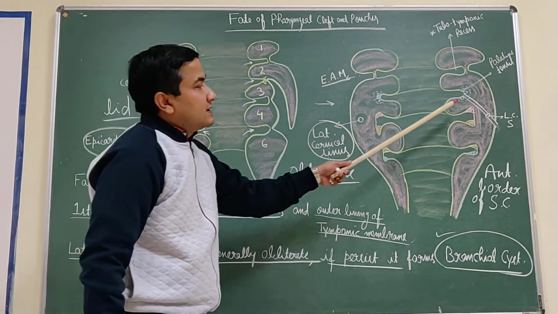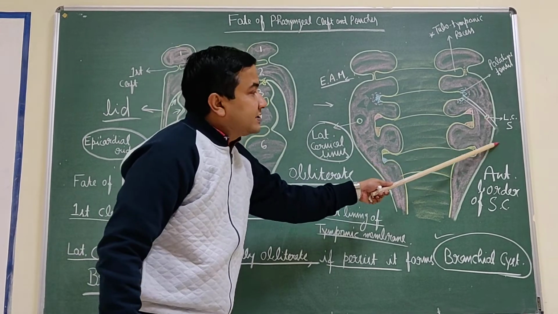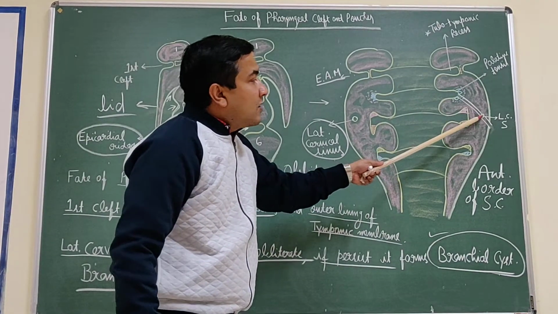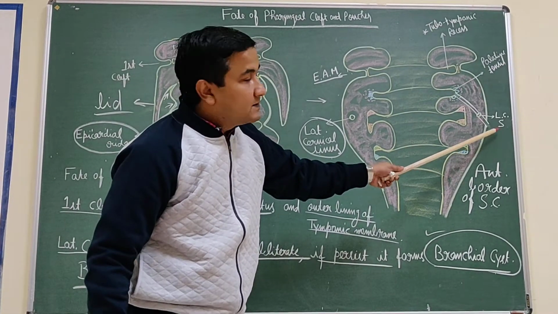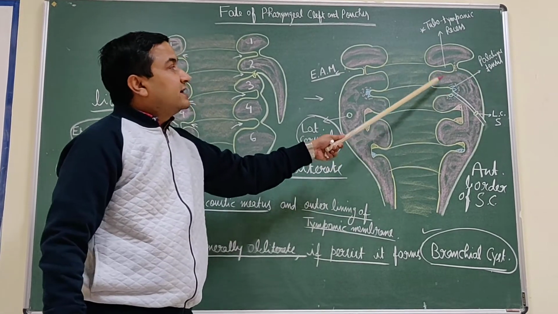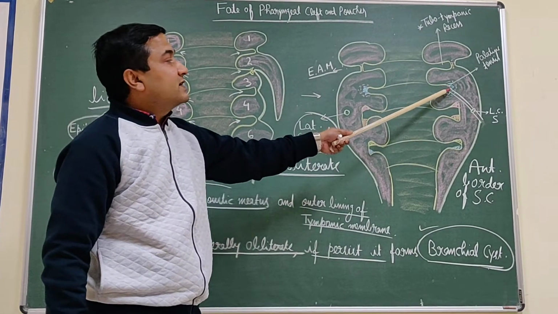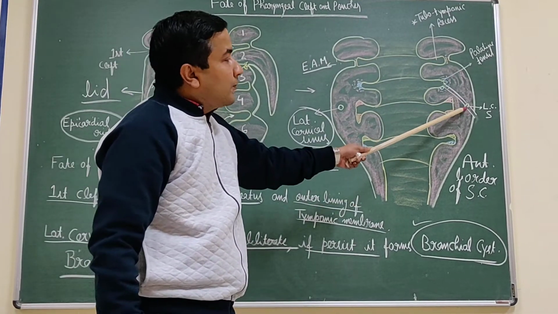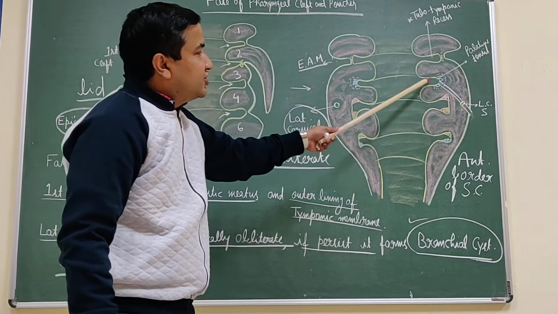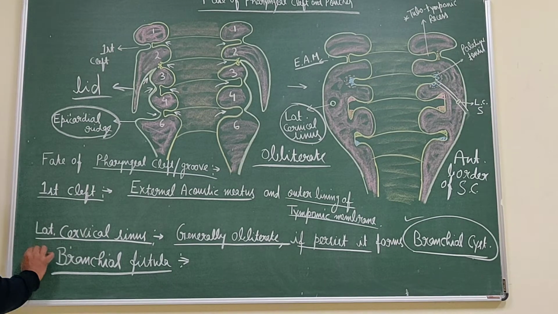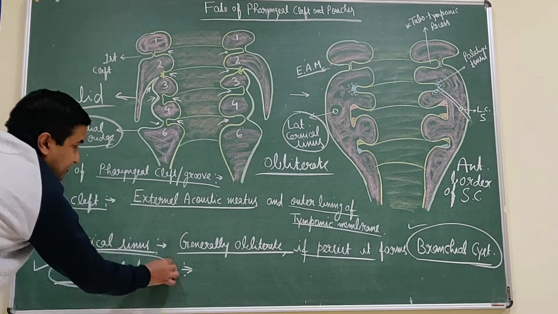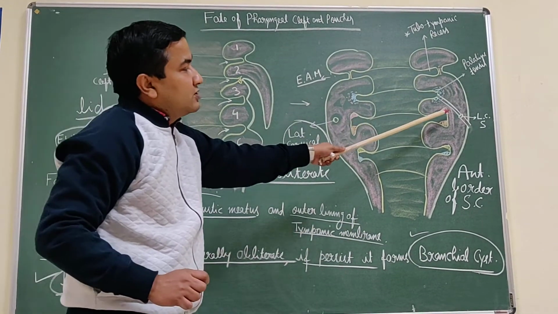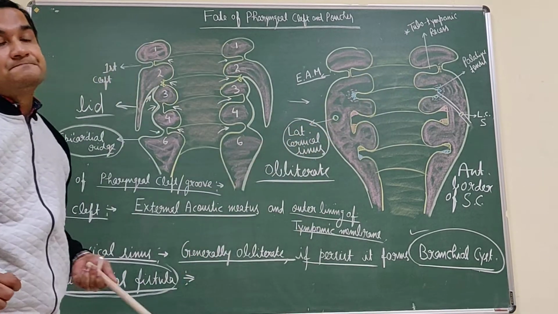Sometimes this lateral cervical sinus communicates with the exterior as well as the interior. Communicate means it opens on the surface of the skin, or inside into the pharynx, and the most common site is the palatine tonsil. So, if this cyst opens to the exterior or interior, this is known as the branchial fistula. The cyst changes into a fistula when it communicates with the exterior or interior.